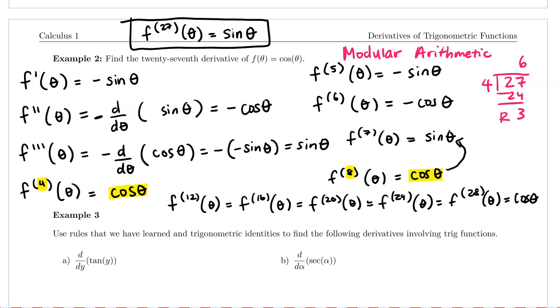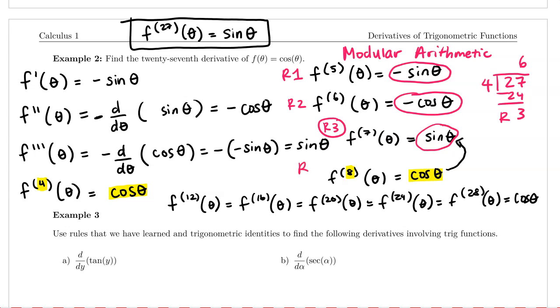So my remainder here is 3, and you'll see that the pattern is if I have something with remainder 1, in this scenario we have negative sine of theta. If I have something with remainder 2 after dividing by 4, I have negative cosine of theta. If I have something with remainder 3, then we get sine of theta.